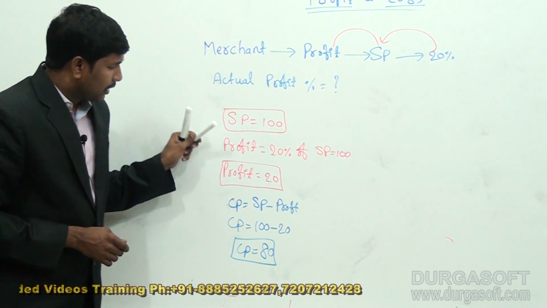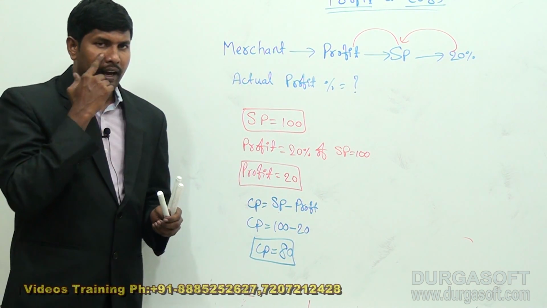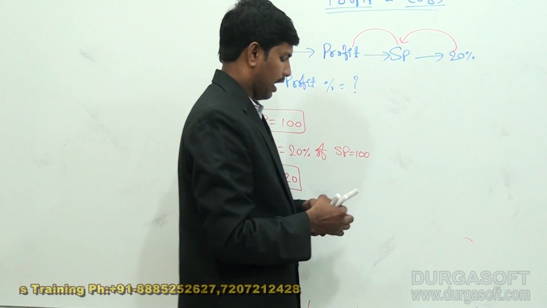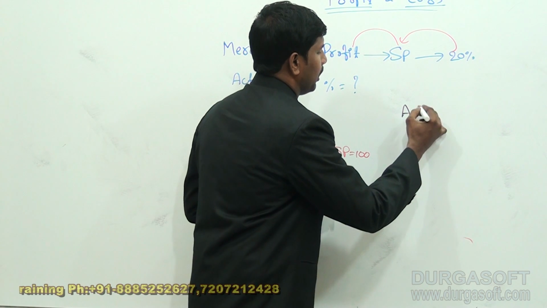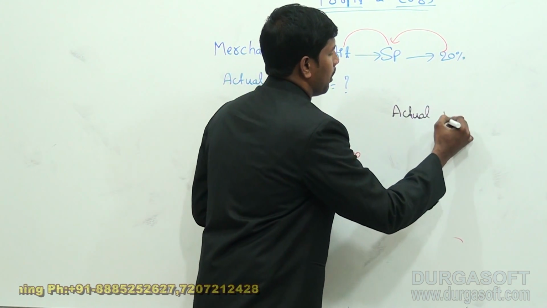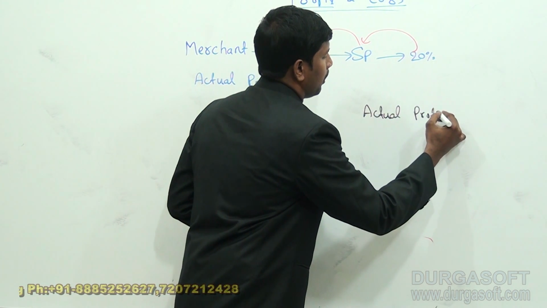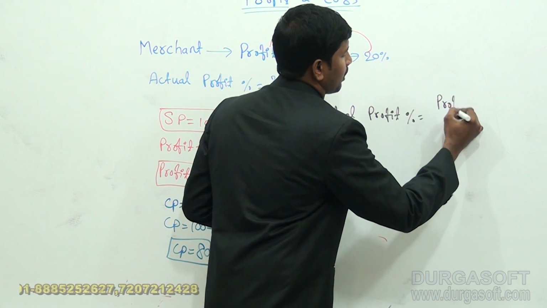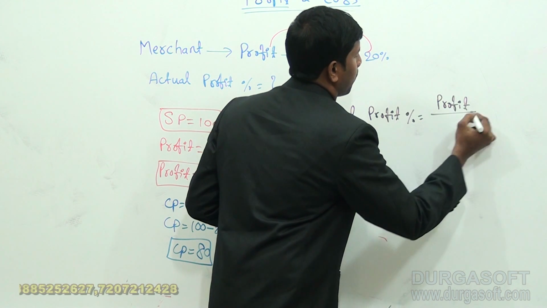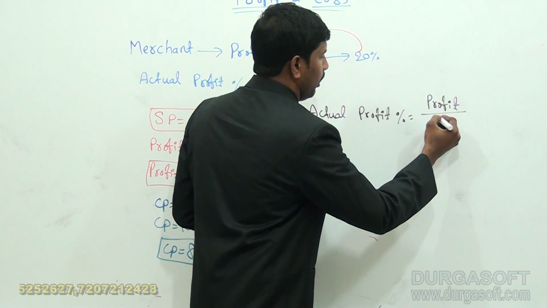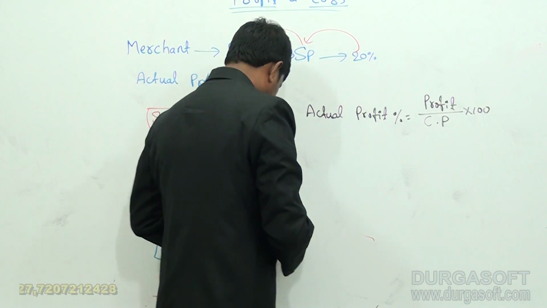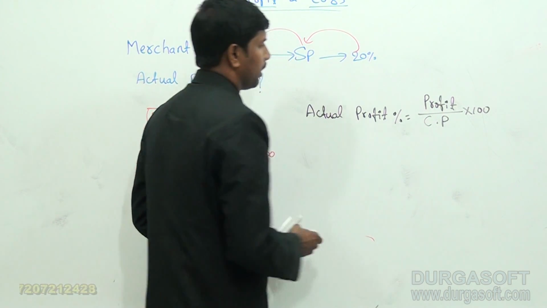When I have profit and cost price, I can calculate the actual profit percentage, because actual profit percentage is equal to profit divided by the cost price into 100. So that is how we can calculate.